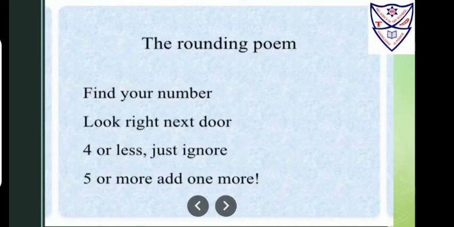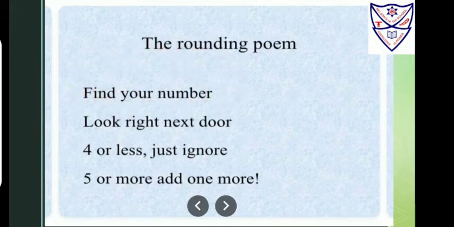Now first of all, there are some rules. One poem is given for this rounding. You have to learn it so that it will be very easy. Find your number. Look right next door. 4 or less, just ignore. 5 or more, add 1 more. It means first of all you have to see the number.